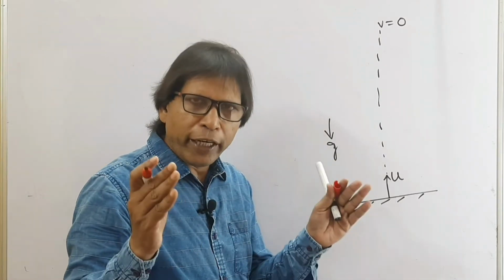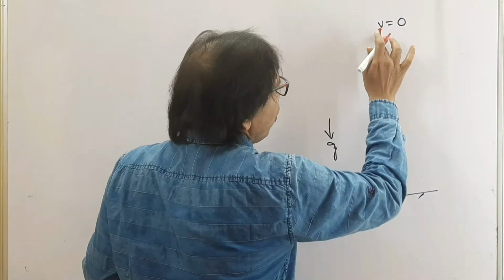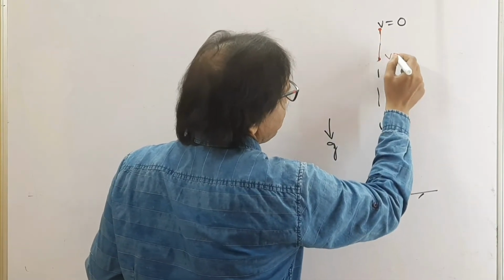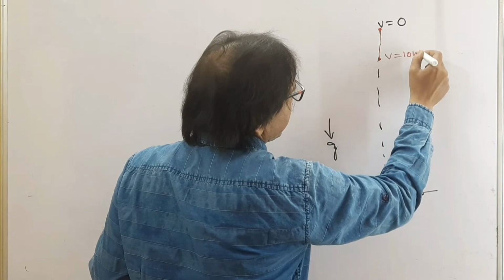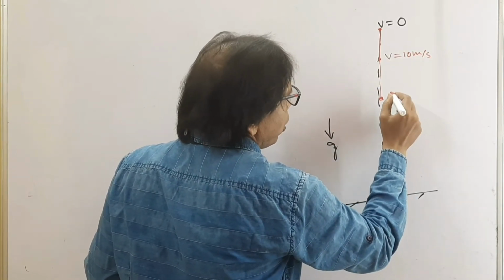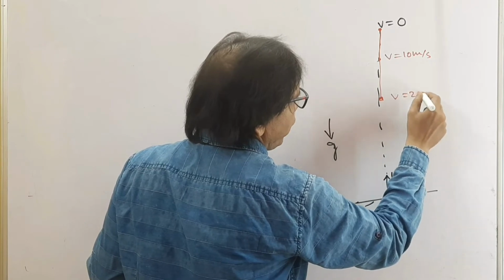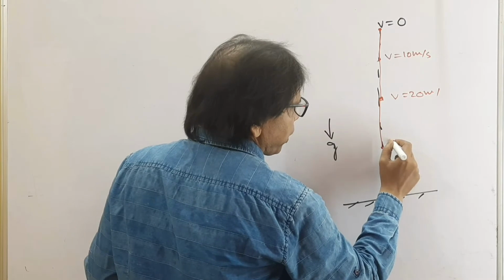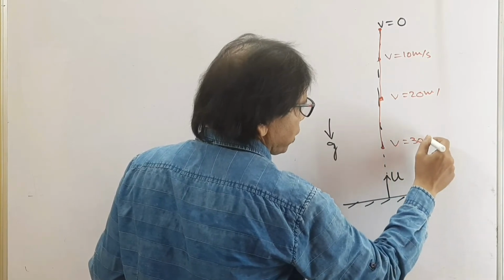If g equals 10 meter per second square, 1 second before reaching the maximum height, the velocity is 10 meter per second. Before 2 seconds, its velocity is v equals 20 meter per second, and before 3 seconds, its velocity is v equals 30 meter per second.